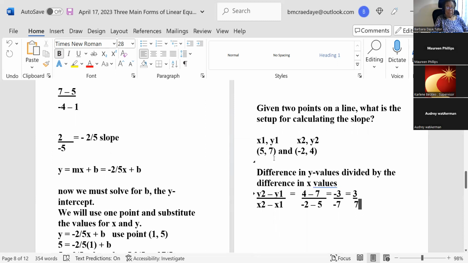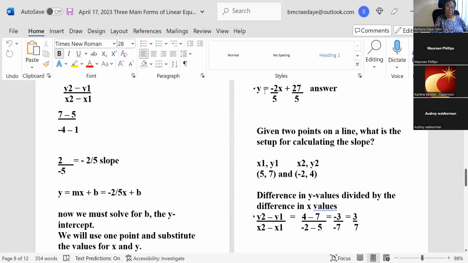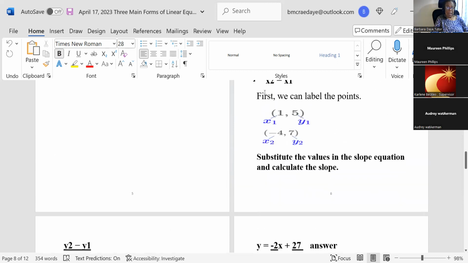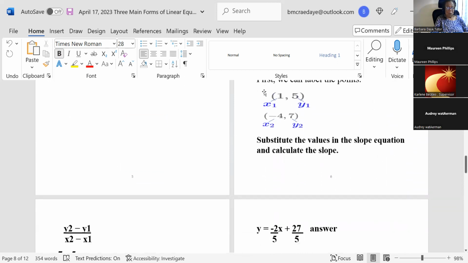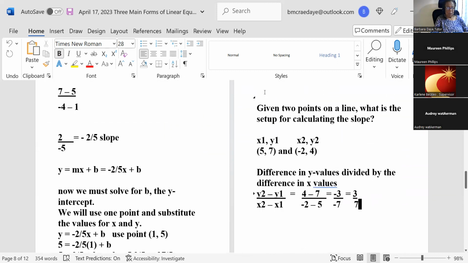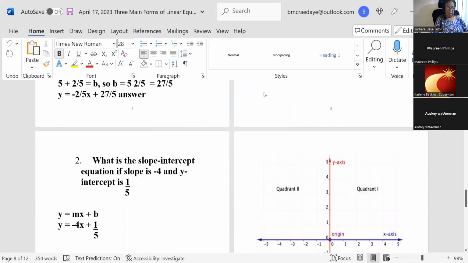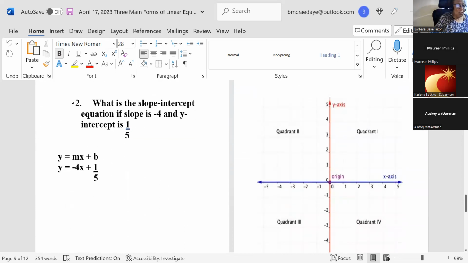And also like that one I gave you, where I gave you the slope and I gave you the y-intercept, and then I ask you which one it is, you should be able to do that. Like here, I gave you the slope intercept equation. I asked you to find it, right? And I said, what is the slope?